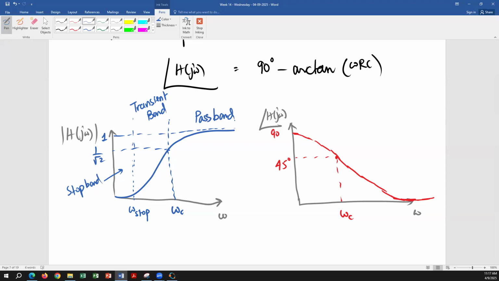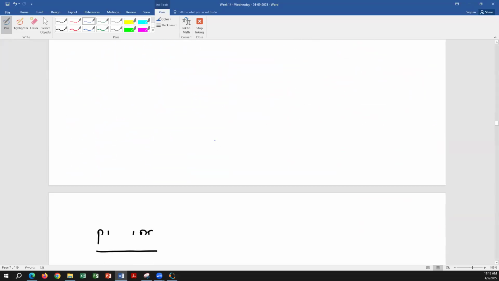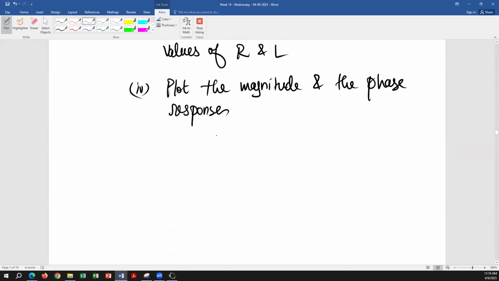You have a stop band where the frequencies are stopped. We have the transient band, which is between the stop frequency and the pass frequencies. And then you have the pass frequencies or pass band where the frequencies are let go through the circuit. Similarly, for the low pass filter, we have 3 bands. And for the bandpass filter, we also have the same 3 bands.